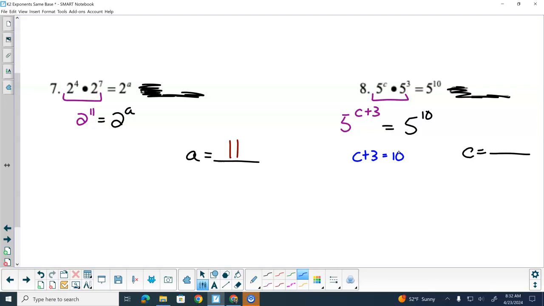Yeah? Yeah. And then how do I solve this one for c? Anybody? I want to solve the blue equation for c. How do I solve it for c? Minus 3. Yep, I subtract 3 from both sides. And c here is equal to 7.